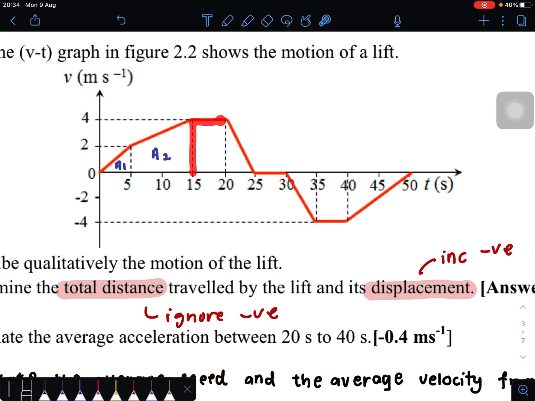The next one is also a trapezium, so using the trapezium formula as well. Then this one here is a triangle, and the last one here is a trapezium as well. So A5, we need to find 5 areas.